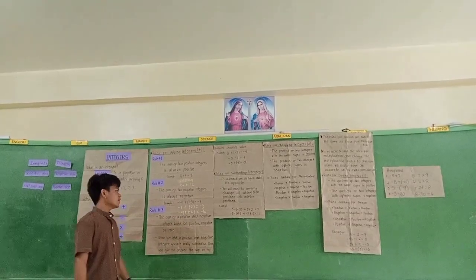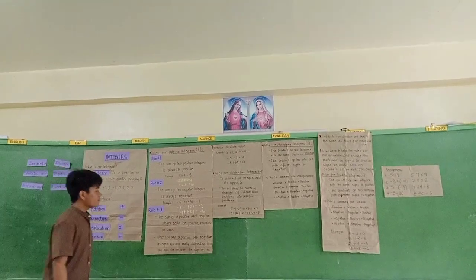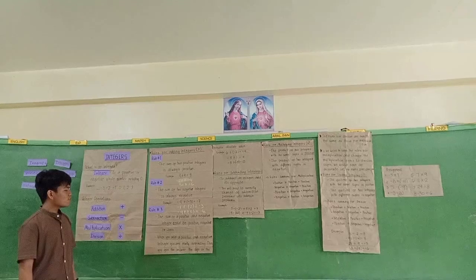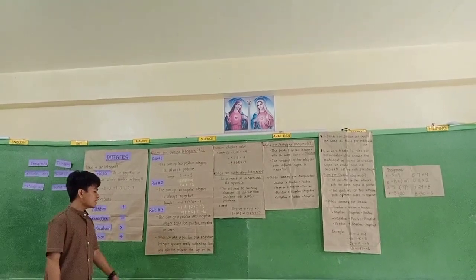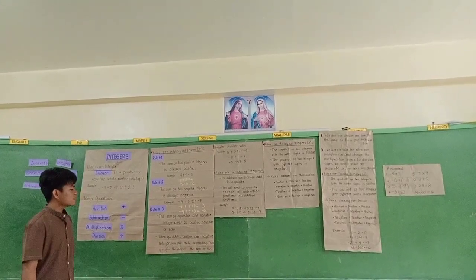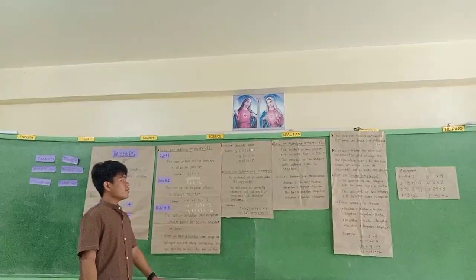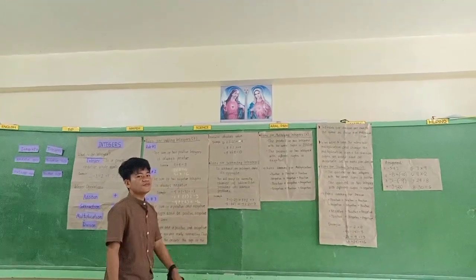So we have here next rule number 3. The sum of a positive and negative integer could be positive, negative, or 0. When you add a positive and negative integer, you are really subtracting. Then you give the answer the sign of the greater absolute value. We have here our examples. First, 6 plus negative 2.